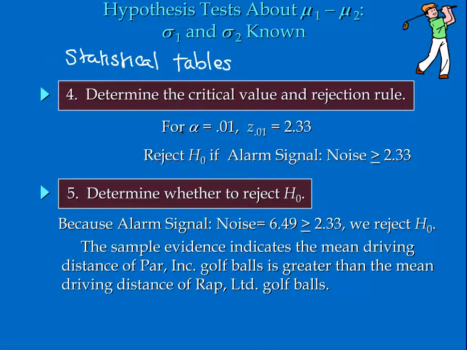You should have it done already. Essentially, you should come out with a critical value of 2.33. If you're not quite sure about that, I'll do a different presentation specifically looking at how to compute critical values.